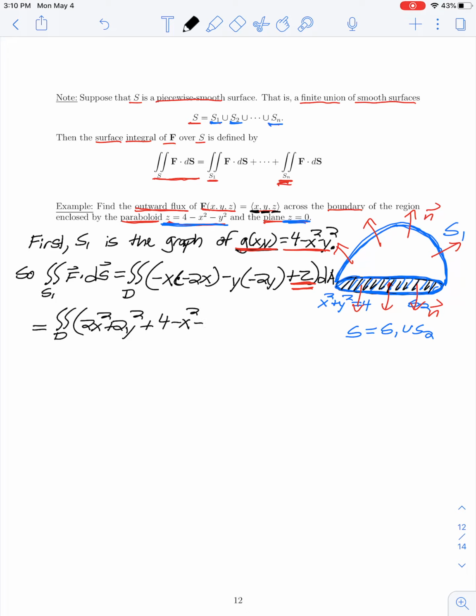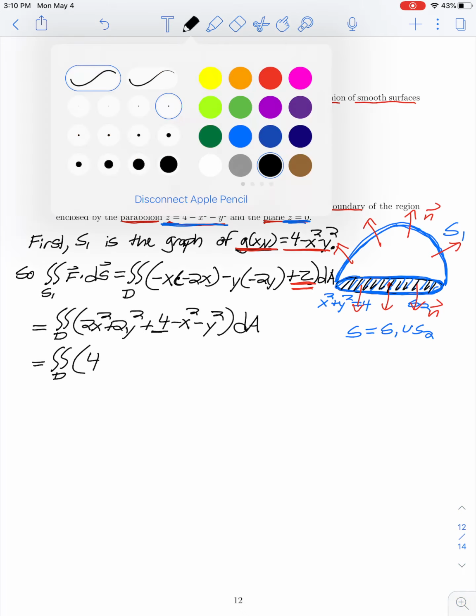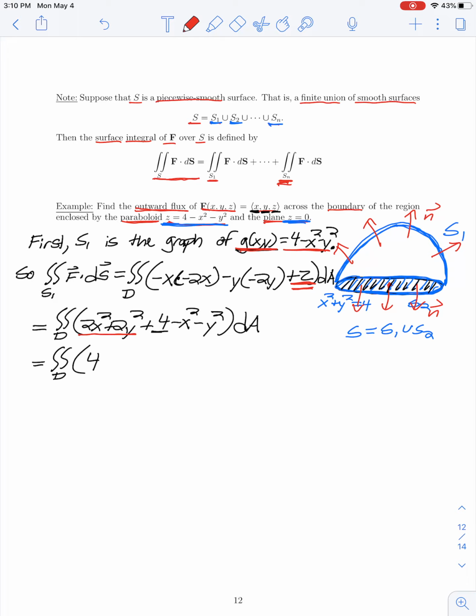So if we replace z by the equation of that surface, 4 minus x squared minus y squared, and simplify a bit further, we have the double integral over D of 4, our constant, plus, when we group our 2x squared plus 2y squared with the minus x squared minus y squared, we're left with just a single x squared plus y squared.